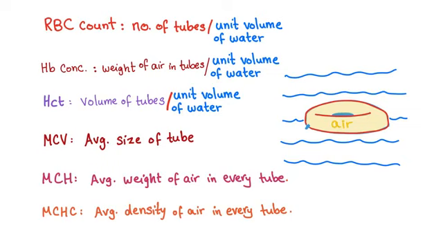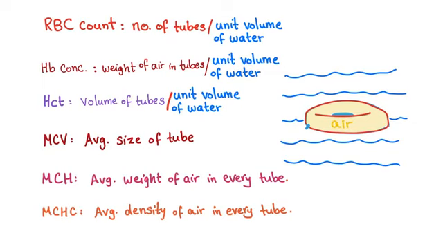So the RBC count will be how many tubes are there, number of tubes per unit volume of water. That's the RBC count. Okay, hemoglobin concentration is different. It's the weight of air inside the tubes per unit volume of water.